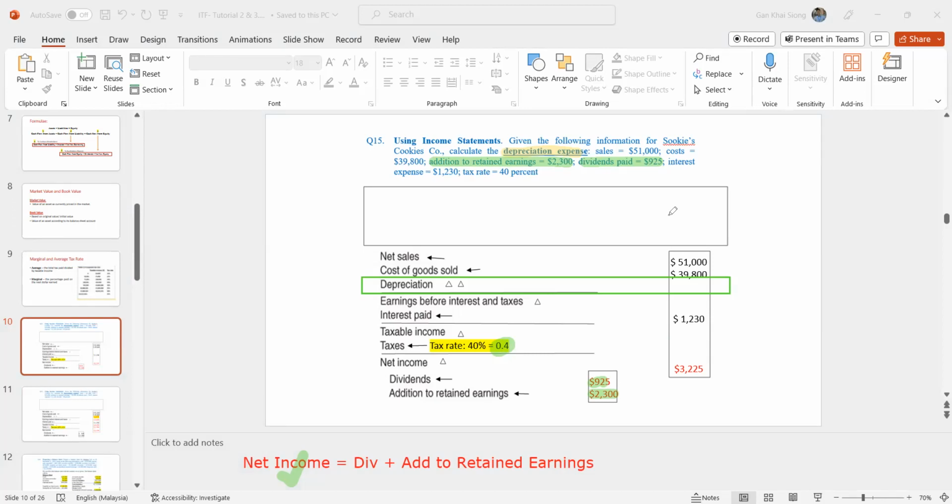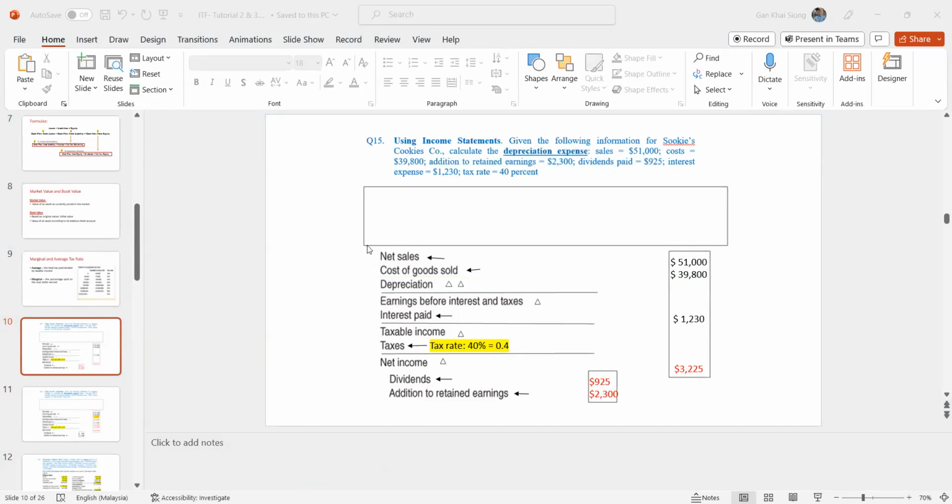This is a time where we have to use some maths, a bit like factorization. So how? Very simple. Let me show on whiteboard. How do we calculate net income from taxes? First of all, we have taxable income. Taxable income minus taxes, what do we get? Net income, correct?